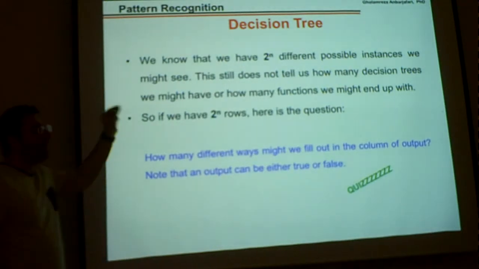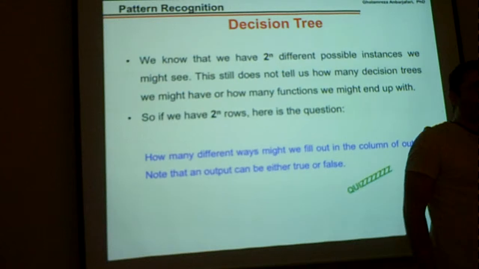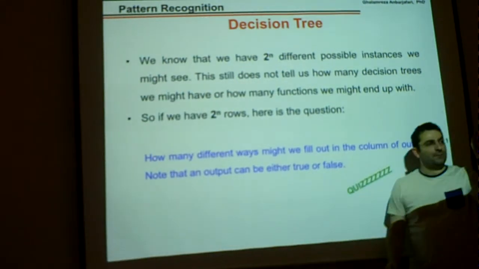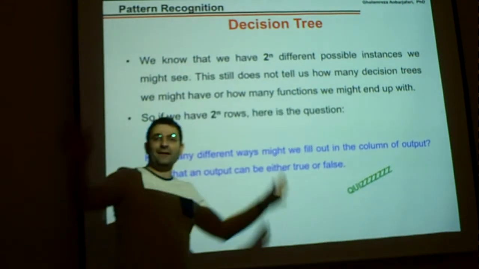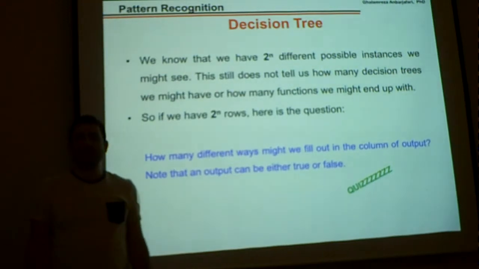I can have 2 to power n different instances. And I know that each output can be either true or false. How many outputs do I have?